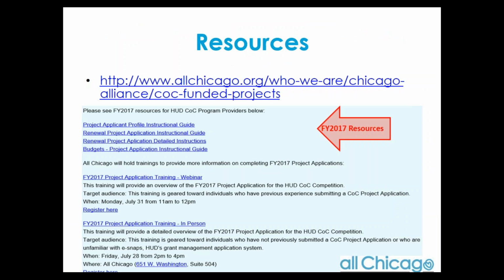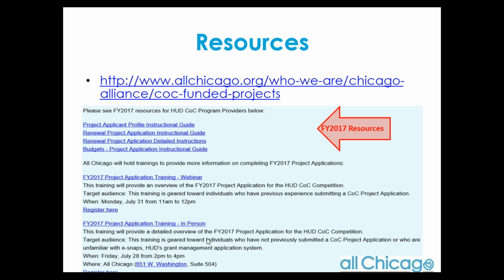All right. So then we have a screenshot here of the All Chicago CoC funded projects page on our website. This is where we are posting everything that will be helpful for you guys regarding this competition. The project applicant profile instructional guide is the first link you see there.